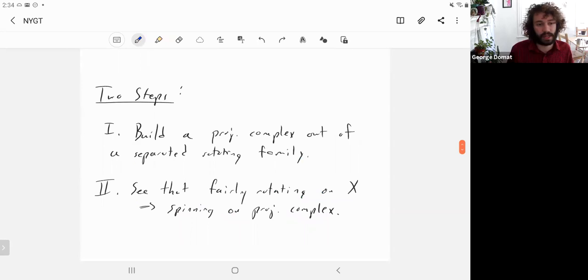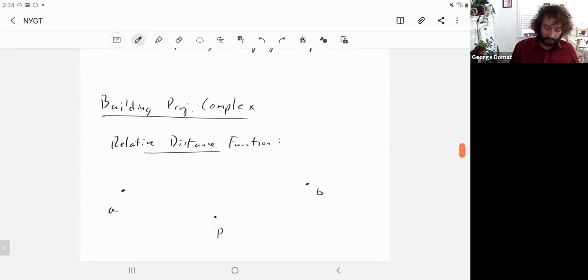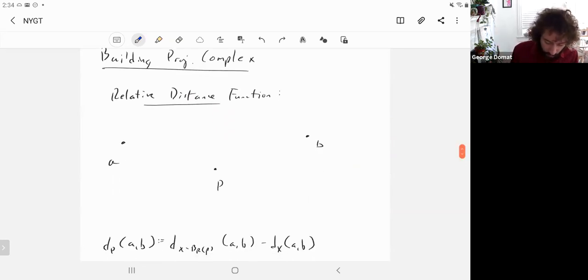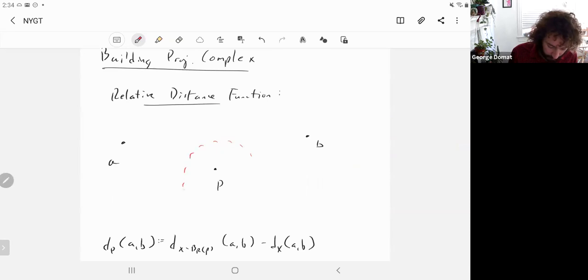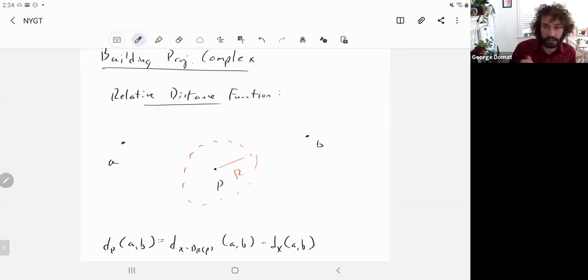Great, so let's look at this first step. Let's figure out how do we build a projection complex out of this information. So what do we need to do? We need to define these relative distance functions. We want to say, given any point, how do we measure the distance between other points in our set? And how are we going to do this? Well, we're going to take our point P, so imagine now we're centered at P, and we're going to just remove a ball of some fixed radius R about P. And now we're going to measure kind of the change in distance now.